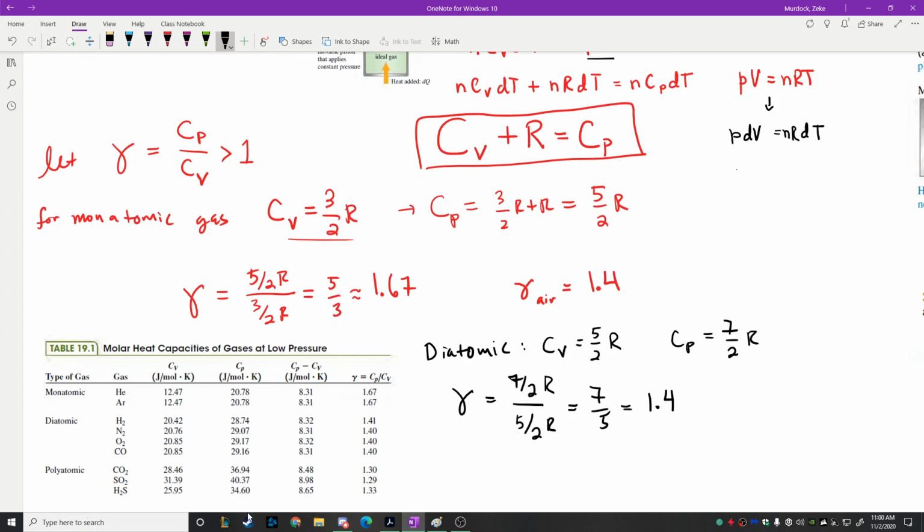And then with polyatomic ones, it looks like the relationship we got here doesn't exactly hold anymore, right? While for diatomic and for monatomic, the difference between Cp and Cv is 8.3, that's not nearly as true with the polyatomic gases.